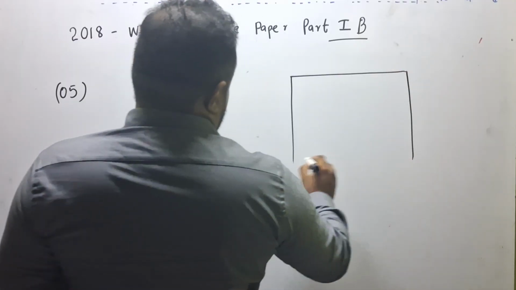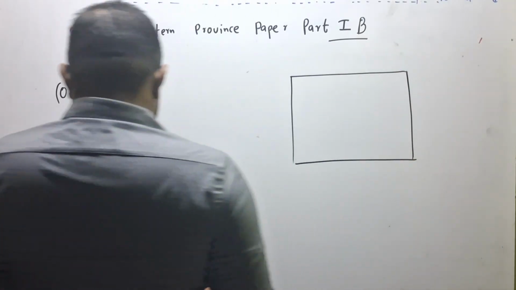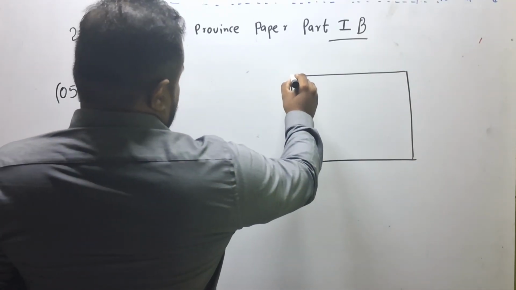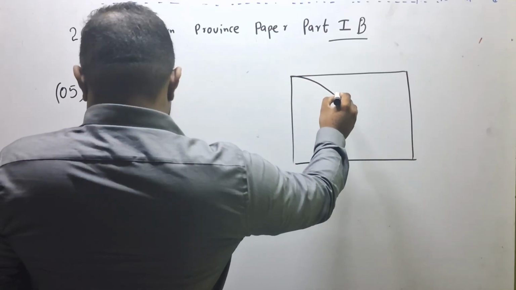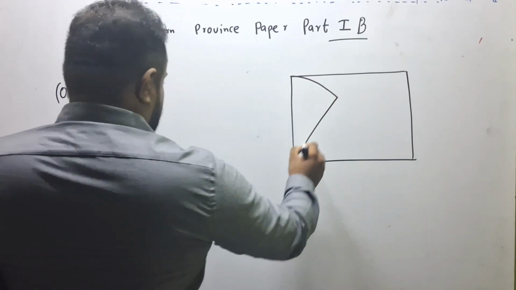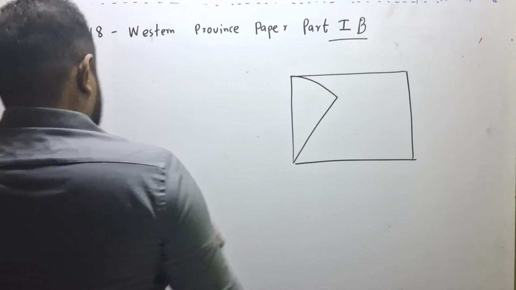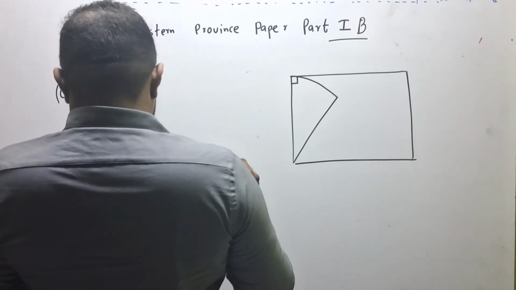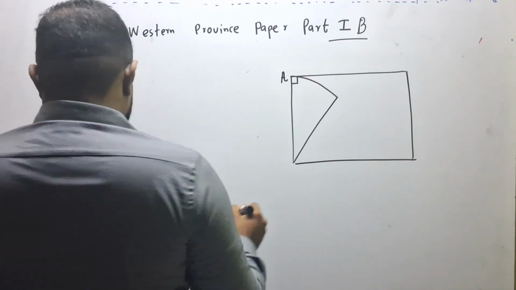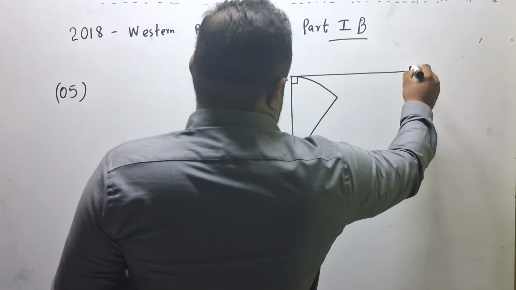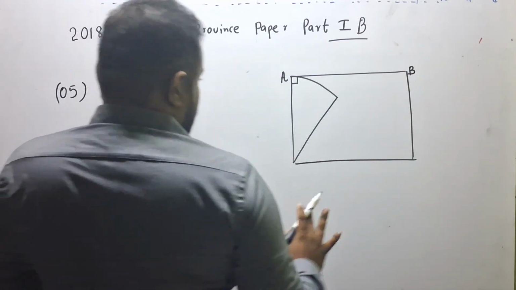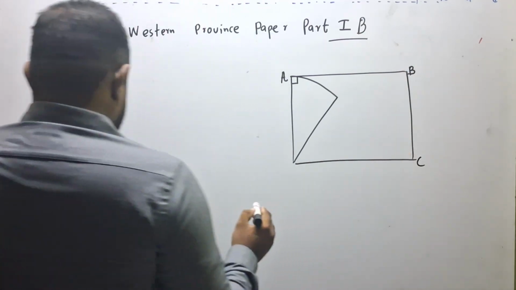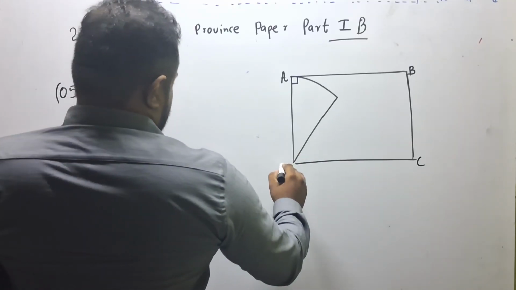Now 1 hour and 50 minutes has passed. I have discussed, written the questions and solved the questions. That means 2 hours are enough for this paper. Before 2 hours I will end this session.